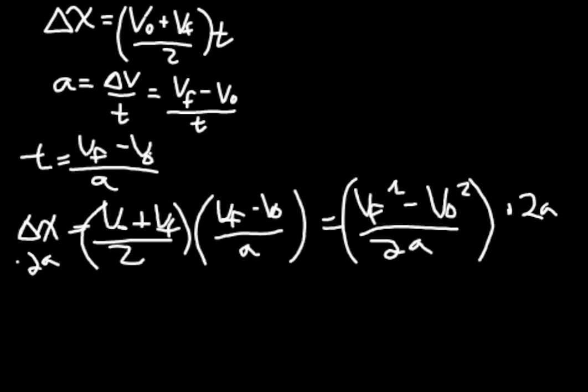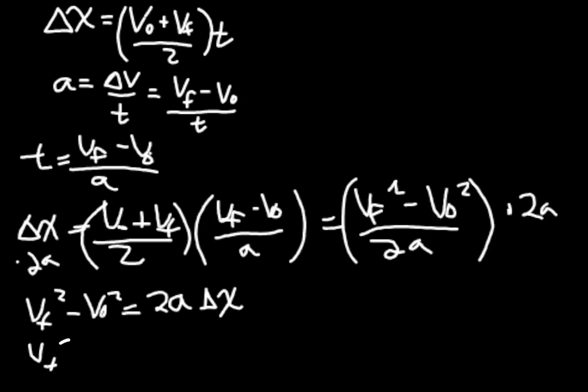And that will say that final velocity squared minus initial velocity squared equals 2a change in position. And now we just add the initial velocity squared to both sides to get our last kinematic equation, which says that the final velocity squared equals the initial velocity squared plus twice the acceleration times the change in position.